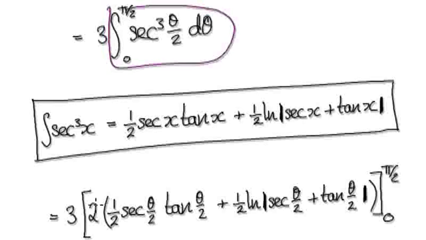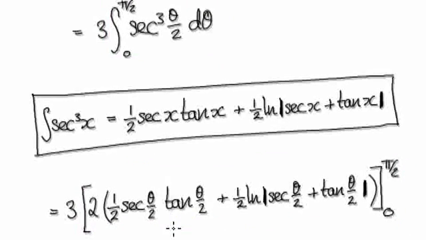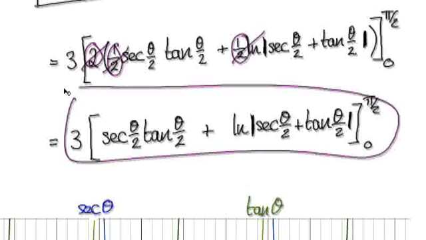Integrate this whole thing here, and then it will give you this. Okay, think about it. It will give you that, and now you've got a half here, you've got a half here, so these will cancel out, giving you this thing here.